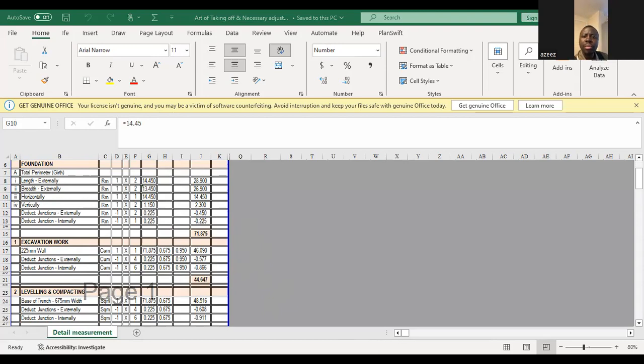But at the same time, you can leave it and remove it when you are doing your volume. I just calculated the GAT overall for now, but you can also remove it later on. And that is why I have deductions here. Internally, I have 6. Externally, I have 4. You can see I have deductions.